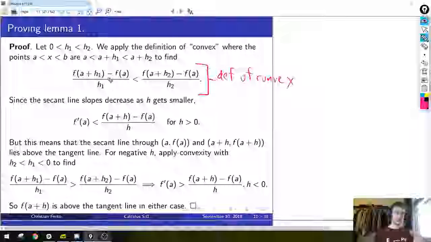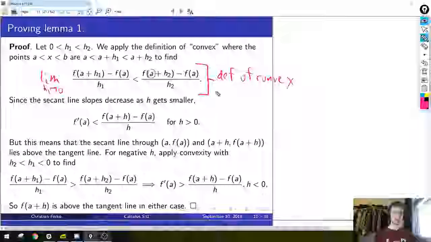Okay, so what we're saying is that this thing, but now we can take a limit is what I'm claiming, because this is telling you that the secant line slope between a and a point a plus h1 to the right is going to be smaller than the same secant line slope through the same point a, but a further to the right point a plus h2. So the idea is now to take the limit as h1 goes to 0, because taking that limit on the left side is going to give us the derivative, right?